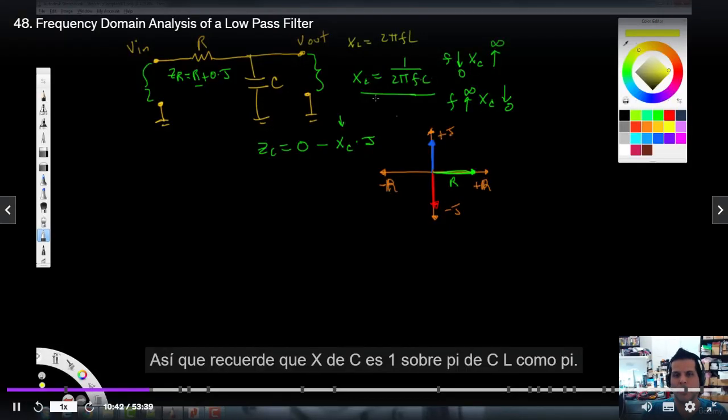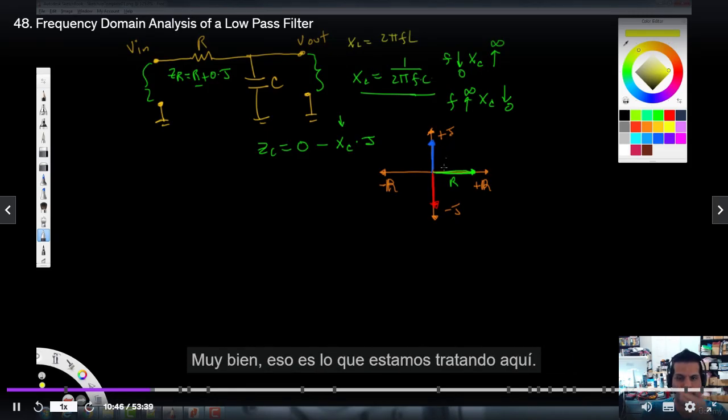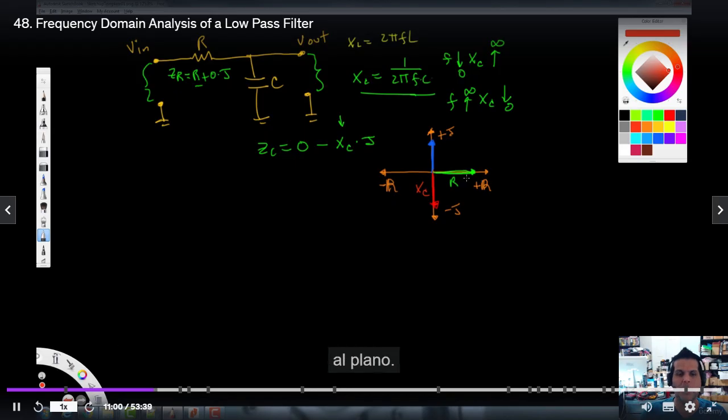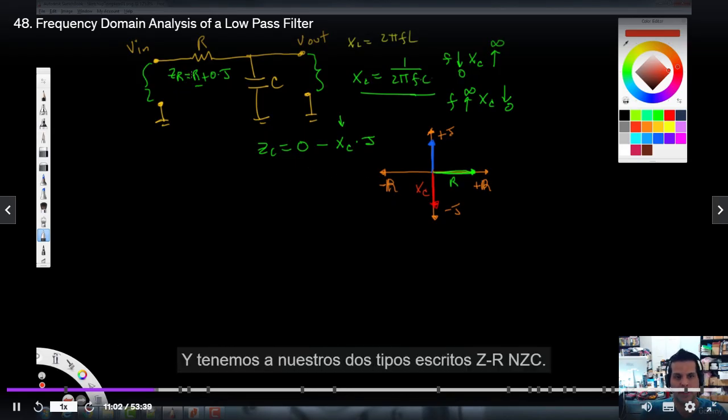So remember, X sub C is 1 over 2 pi FC, and X sub L is 2 pi FL. And this guy down here would be our X sub C. So this is the plot in the real-imaginary 2D plane, and we've got the two values we've written down, Z sub R and Z sub C.